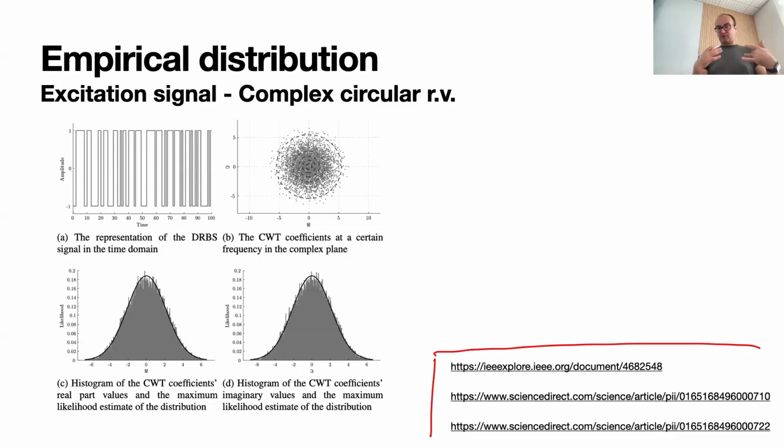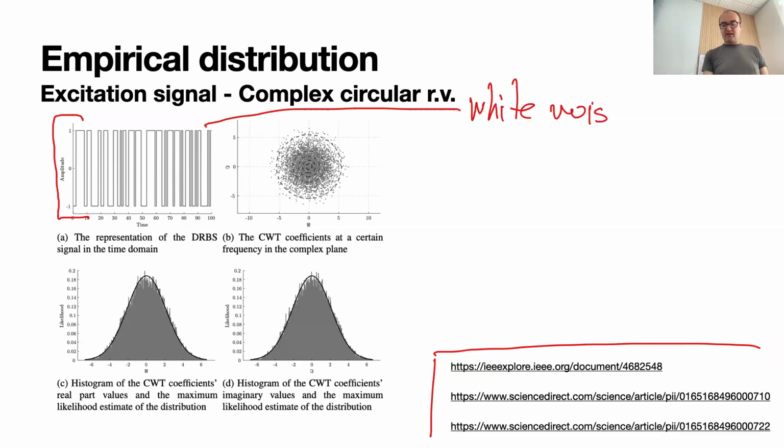What is important, what I want to tell you, is that we have a stochastic signal like this, which is really close to white noise. In theoretical context, if we have white noise, then when we calculate its spectrum, we will have real and imaginary components.